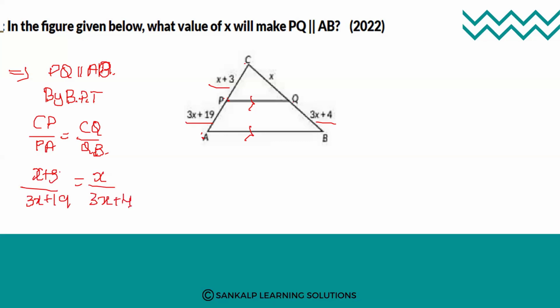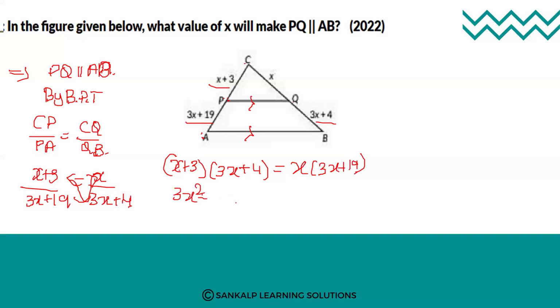Now, transfer this 3X plus 4 to this side and 3X plus 19 to this side. Then what happens? X plus 3 into 3X plus 4 is equal to X into 3X plus 19. Yes or no? Now, X into 3X, that is 3X square, X into 4 is 4X, plus 3 into 3, 9X you will get, plus 3 4s are 12. 3X into 3X, that is 3X square plus 19X.